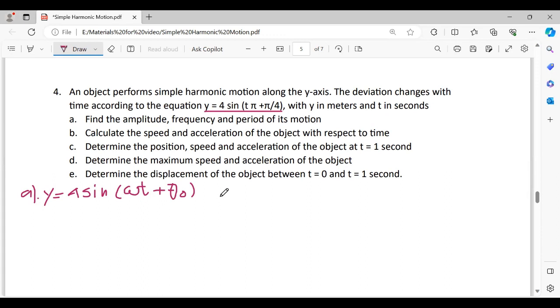If you compare this with this equation, A is 4 meters. So A equals 4. So the amplitude equals 4.